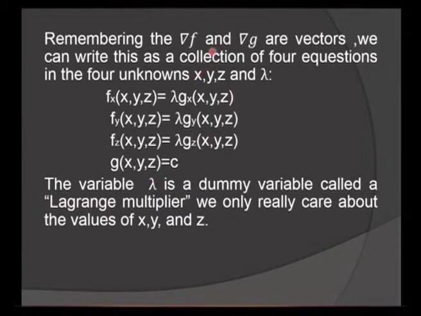Like this, the vectors del f and del g can be written in 4 equations. Here the variable lambda is a dummy variable called a Lagrange multiplier. We only really care about the values of x, y and z, not about the variable lambda.